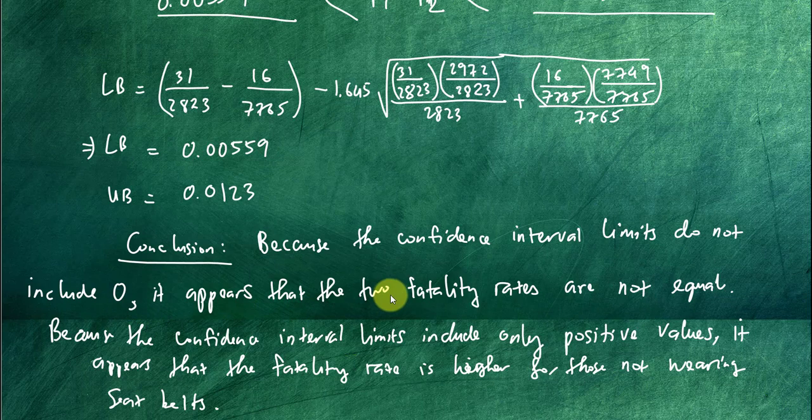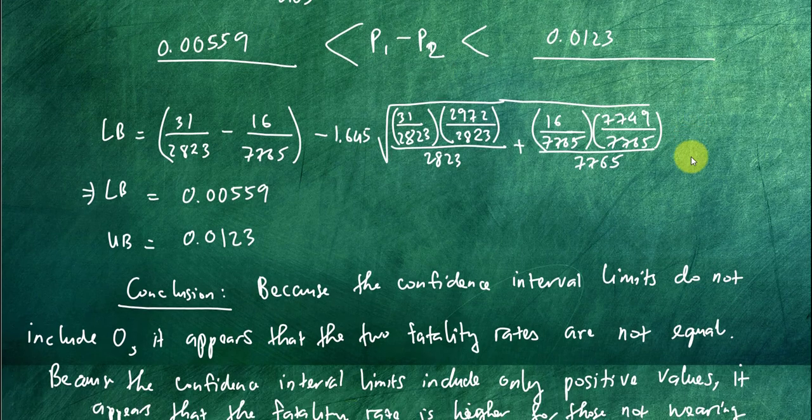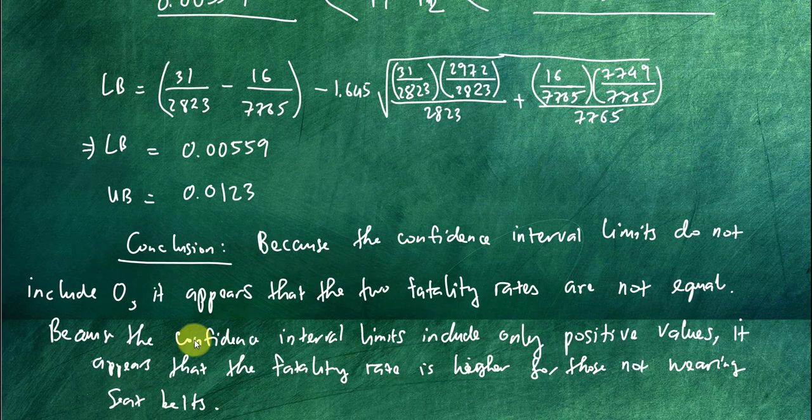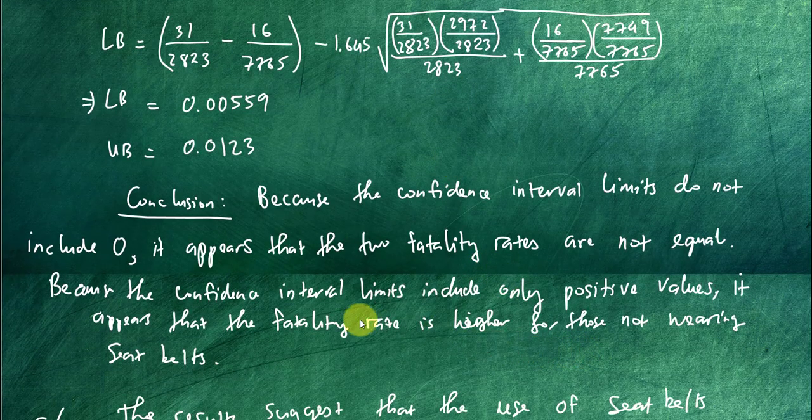It appears that the two fatality rates are not equal, because if they were equal, when you subtract them, you should have 0, or 0 should be inside the lower and upper limits, but now 0 is outside. And because the confidence interval limits include only positive values, it appears that the fatality rate is higher for those not wearing the seatbelt. That means P1 is bigger than P2, so that when you subtract them, you get a positive value. And that's why the fatality rate is higher for those not wearing the seatbelts.